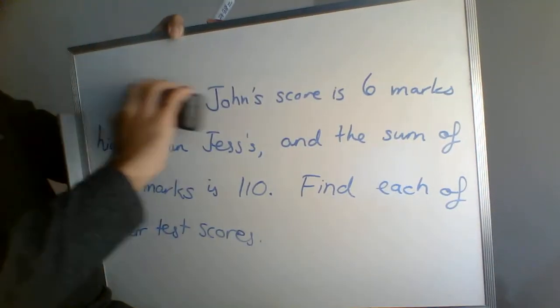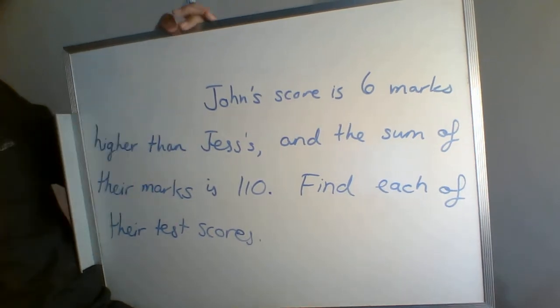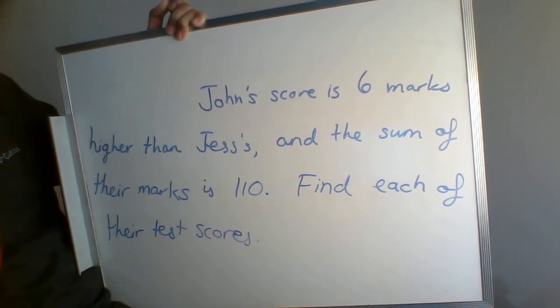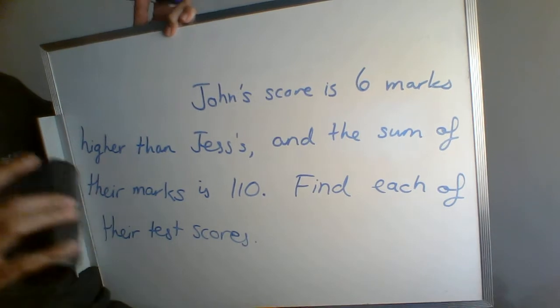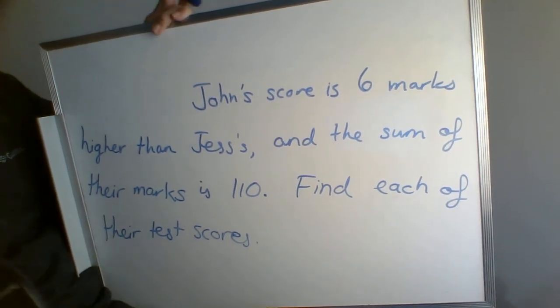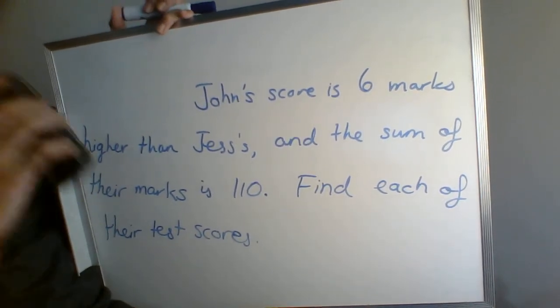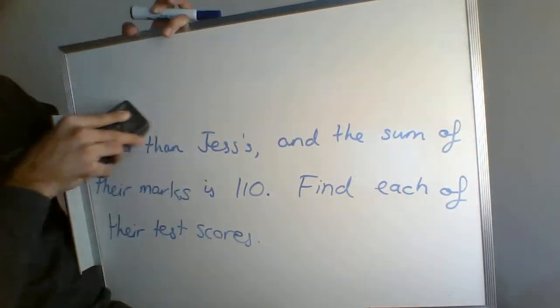Now, for our let statement, you could say let x be John's score and let y be Jessica's score. You could use 2 variables, but we haven't really worked with 2 variables yet, so I'm going to do it a slightly different way.